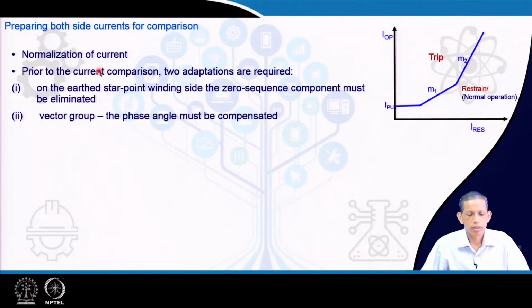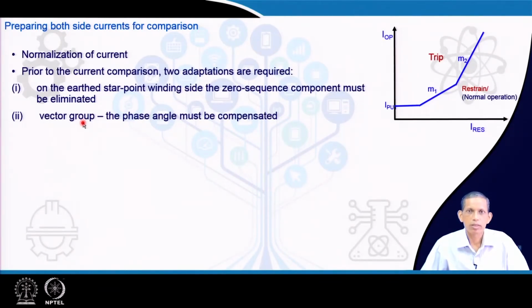One is the zero sequence elimination. We will see why that is required, but that is most essential at the site of the transformer where it is star grounded, where the zero sequence current is expected to flow. There is another important step, that is vector group.